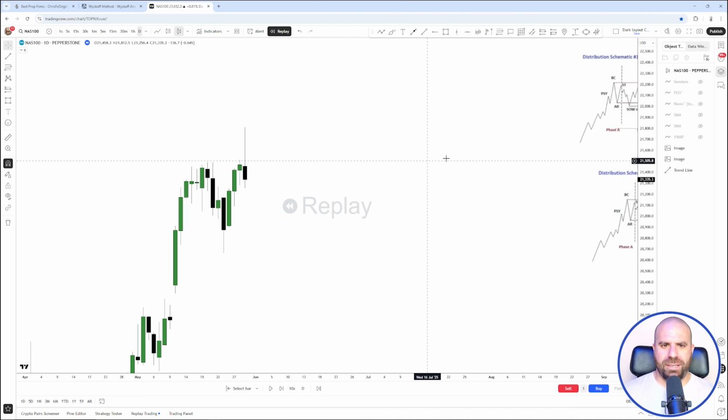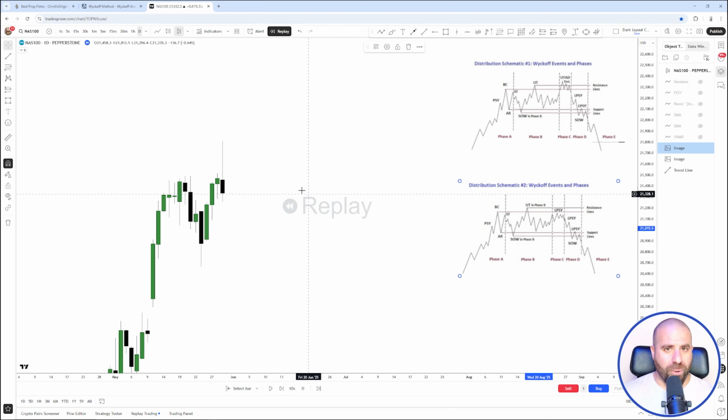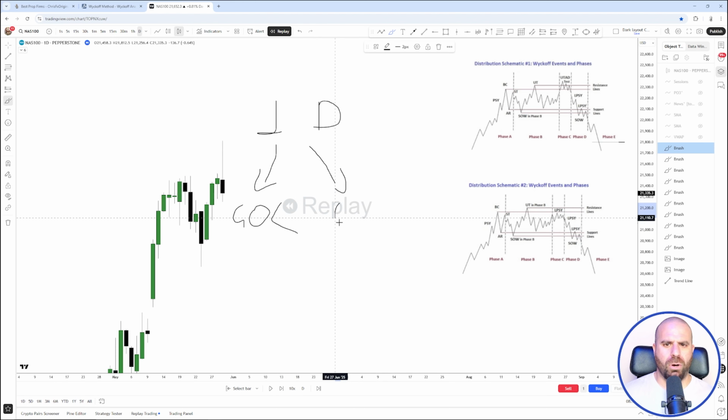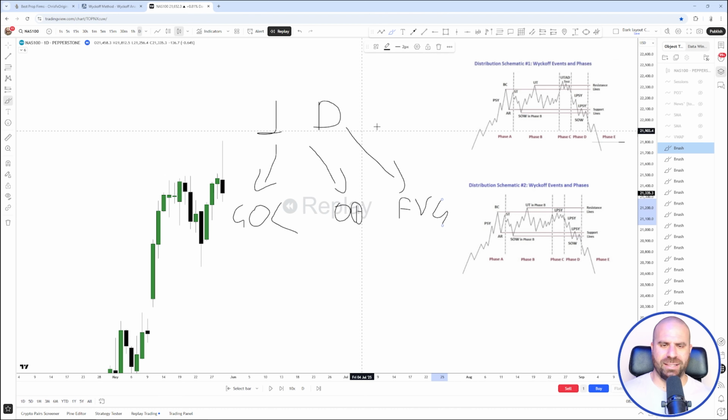As you can see here, we are on TradingView, on replay mode, and in order to apply this strategy, you will first need to start from a higher time frame. I suggest that you start from the daily time frame, where you will be identifying some grab of liquidity, or some order block, or an FVG of the daily time frame.